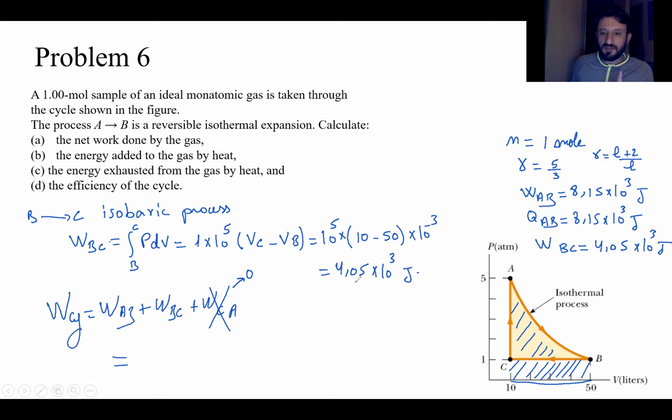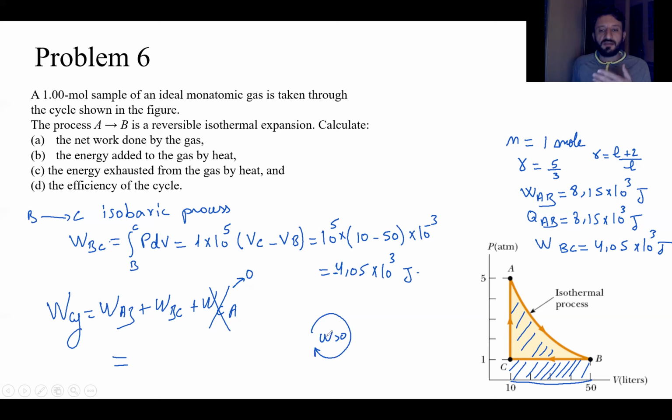We must have a negative value here, minus, because we have here 10 minus 50. In general, if we have a clockwise cycle, the total work done by the gas must be positive, because we have a clockwise cycle.